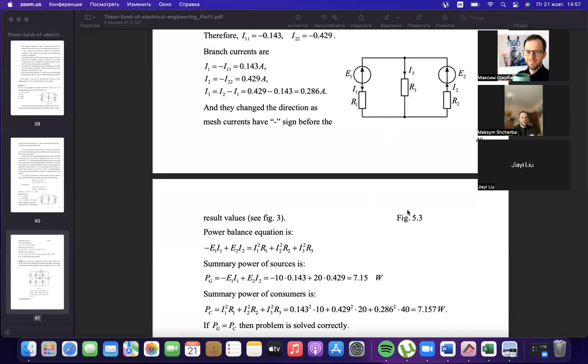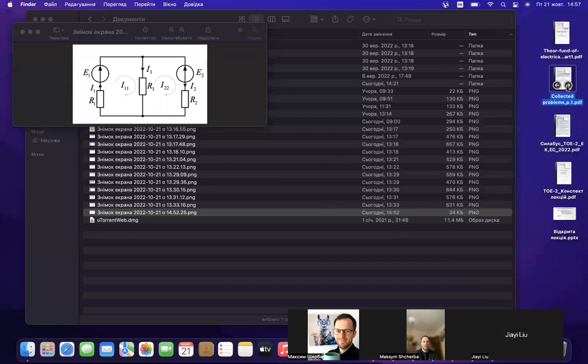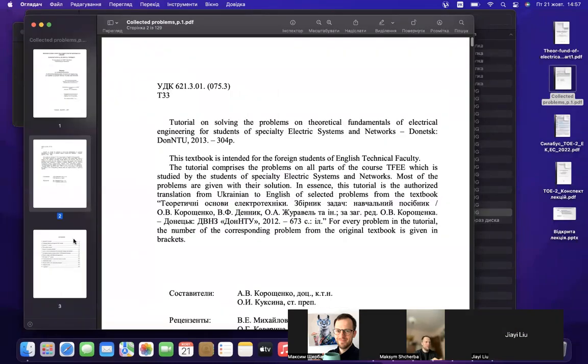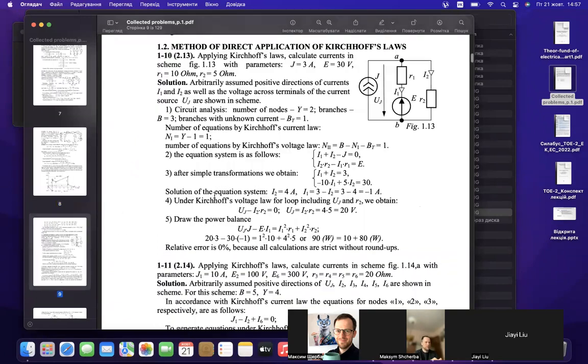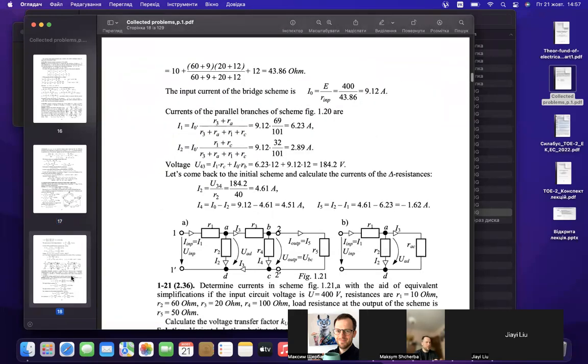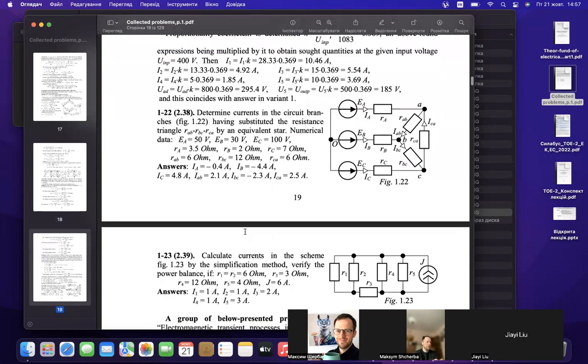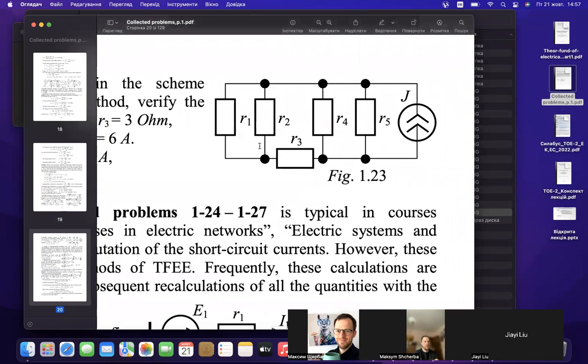If you don't have a direction, for example, if you have a circuit without any current directions, that means you could choose any direction you want.